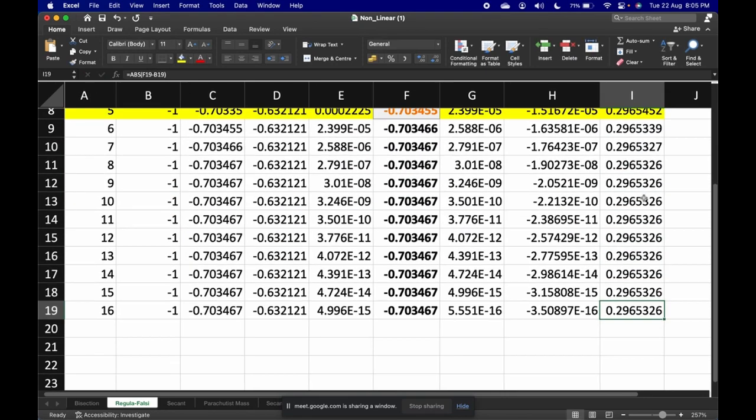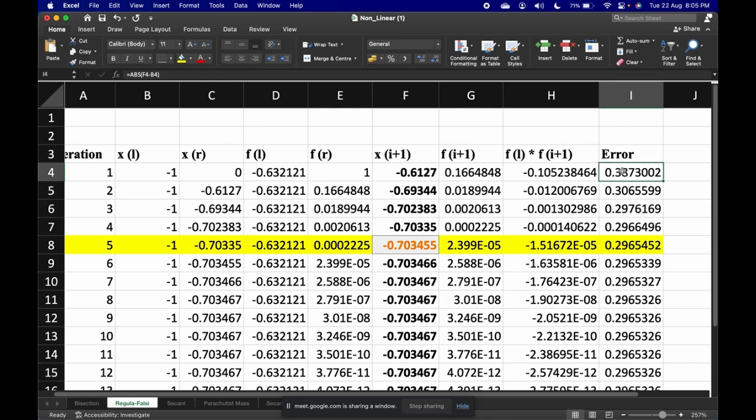So in Regula-Falsi, the error is still very high, but in terms of this is 7.03.